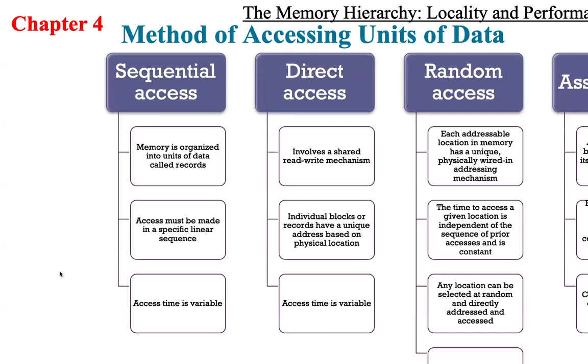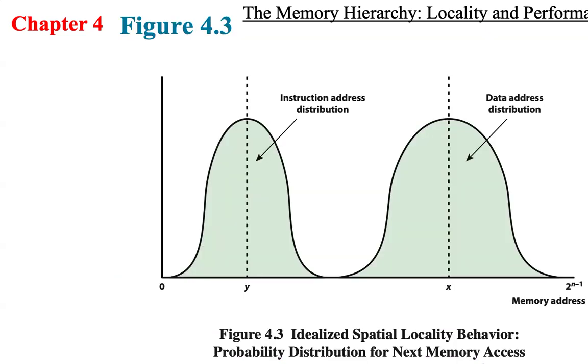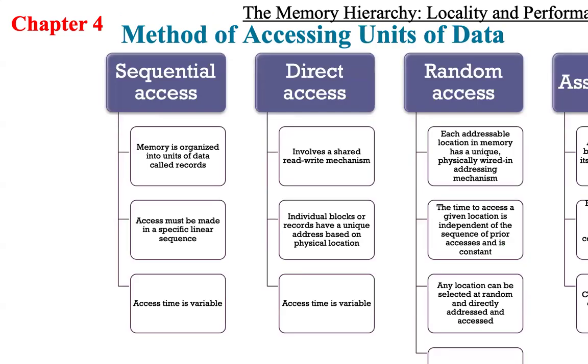So there's a couple different ways we can access specific bits of information. Sequentially is largely what we would see if we have instructions. Then direct access, where there are read and write mechanisms, and we can go in and out to specific parts of memory.